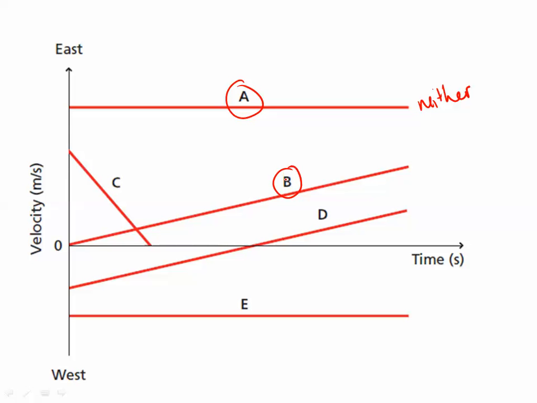B. B has a positive slope, meaning it has a positive acceleration. It has a positive value of velocity because it's above the zero. So it's speeding up. How about C? C also has a positive value for velocity, but it has a negative slope, meaning it has a negative acceleration. So C is actually slowing down.